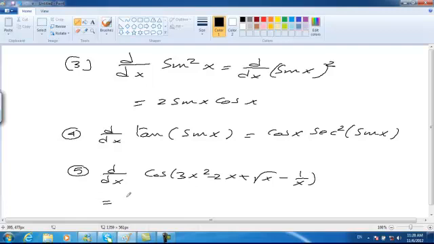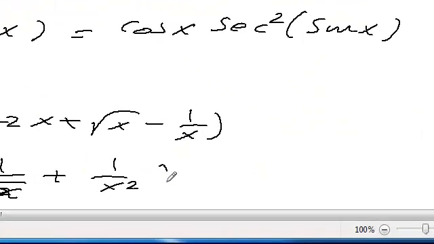Now the derivative of the angle first equals 6x minus 2 plus 1 over 2 square root x plus 1 over x square, and the derivative for cosine is minus sine of the same angle.